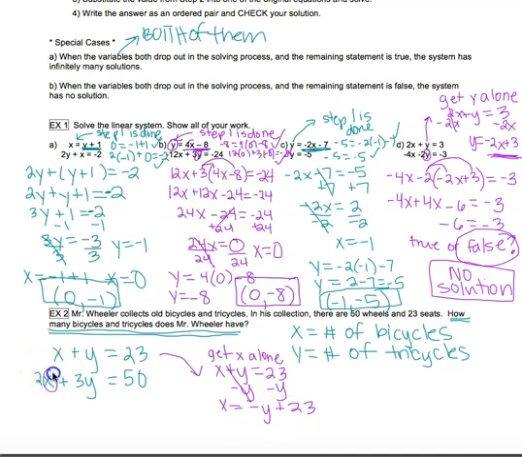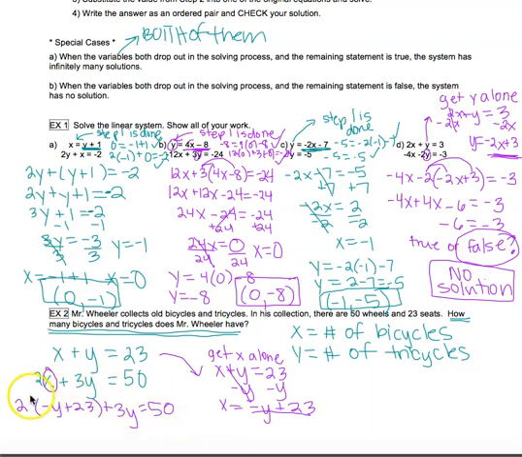So here's my x. I'm going to put this -y plus 23 right there. Everything else about this equation stays the same. So 2 times (-y plus 23). So that was in place of the x. Now I continue copying the equation. Plus 3y equals 50.